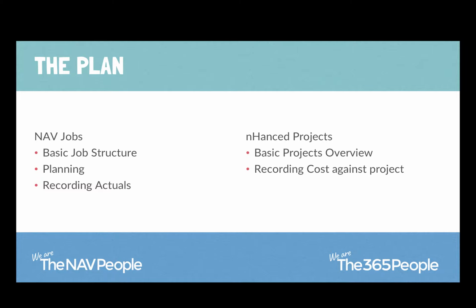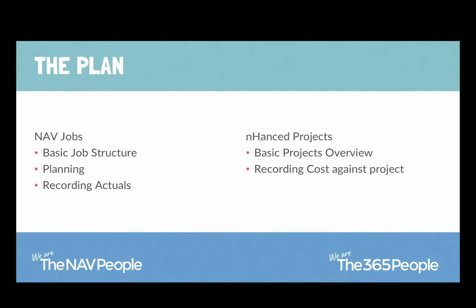For the enhanced project cost functionality, we will look at a basic overview of the project functionality, recording cost against the projects, and then reporting actuals. So that is the plan.